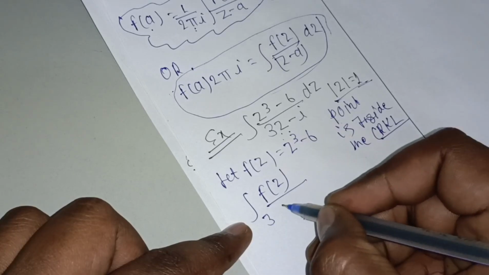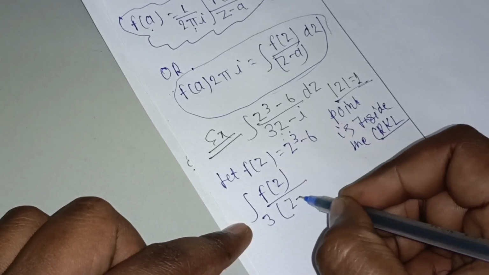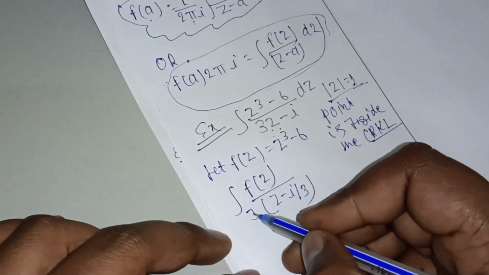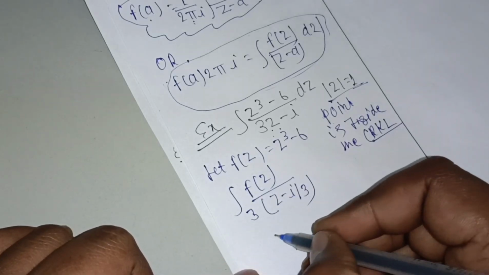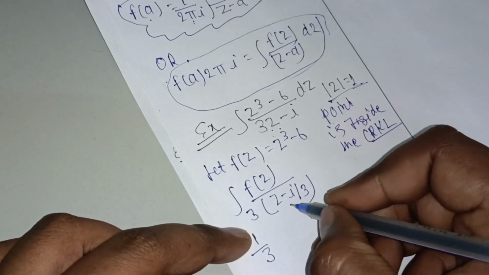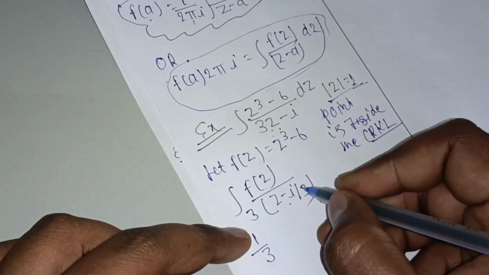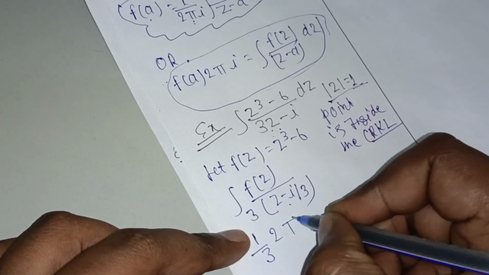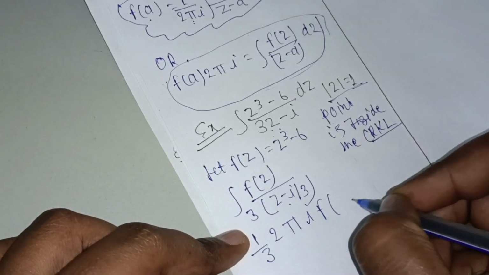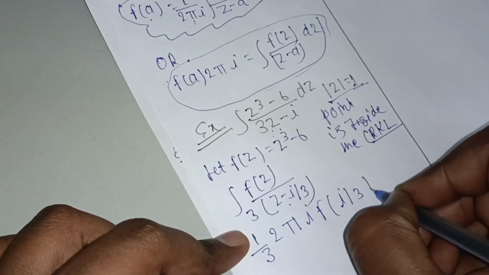So I have taken 3 common, so z minus i by 3. So 3 will be outside, 1 upon 3. Remember here it is i by 3, so 1 upon 3 times 2 pi i f of i by 3.